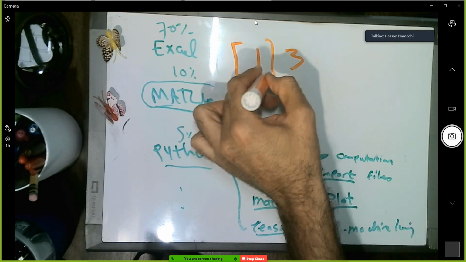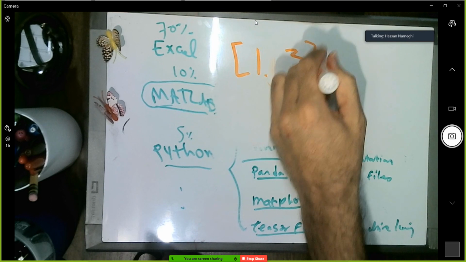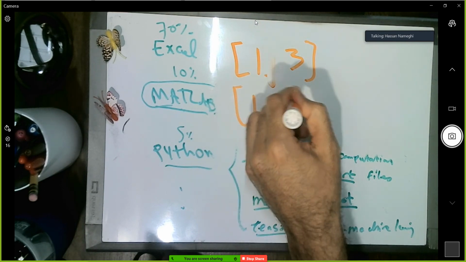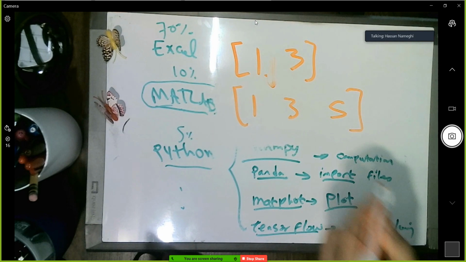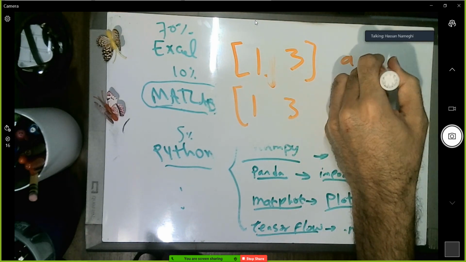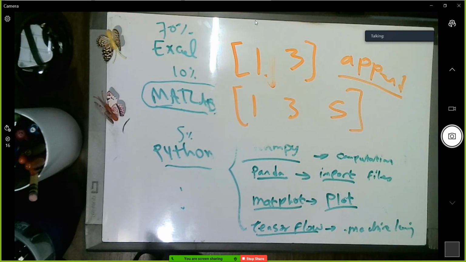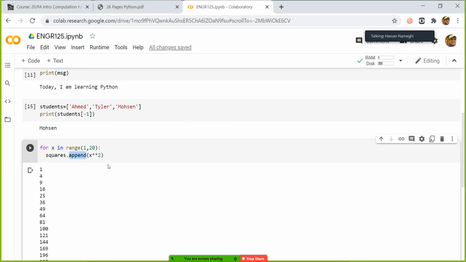Then I add 1 to it, it becomes 5. Then I add 1, 3. Next time I add 5 to it, it becomes like this. So this is called append. Again, you have a list of students. For instance, you're reviewing a list, and then you want to extract from that list and put them in a new list. That's what the append does, and then x to the power of 2.